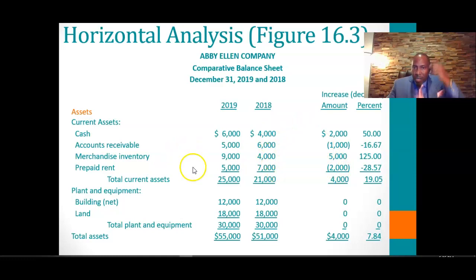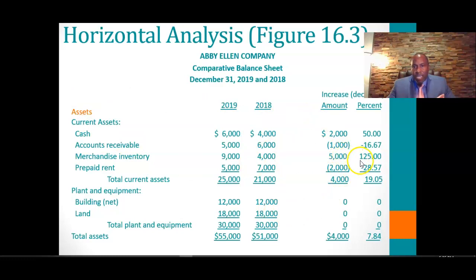The inventory account we see had the biggest change. It was $4,000 in 2018, increased to $9,000 in 2019, an increase of $5,000. But as a percentage, the inventory account increased by 125%.